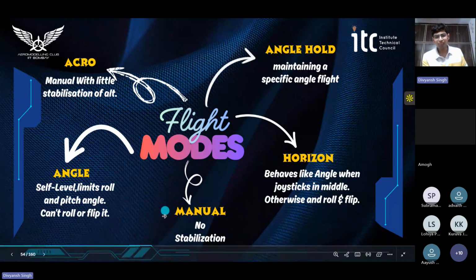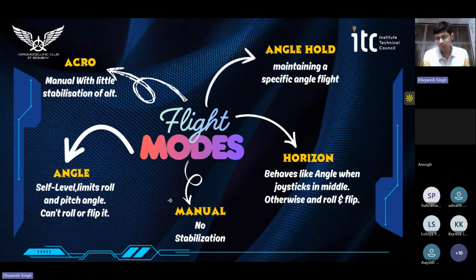First, we will look at manual mode. When you select the manual mode, the flight controller firmware, which is INAV in this case, offers no stabilization. Your transmitter is directly connected to the receiver, and whatever you do with the joystick will be reflected in your servos, which are connected to your control surfaces.